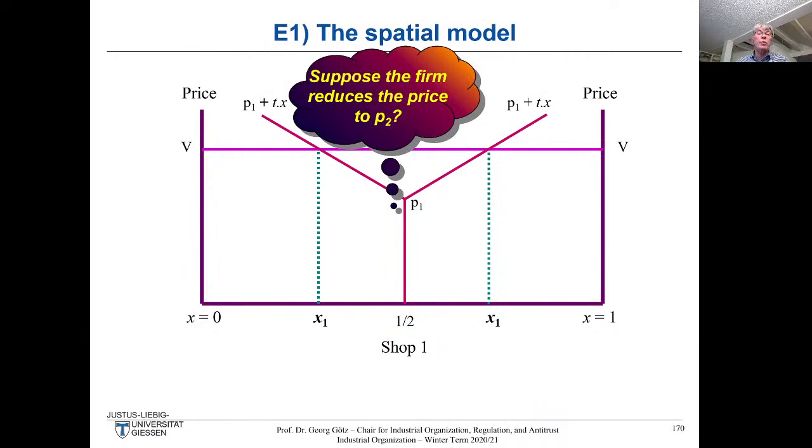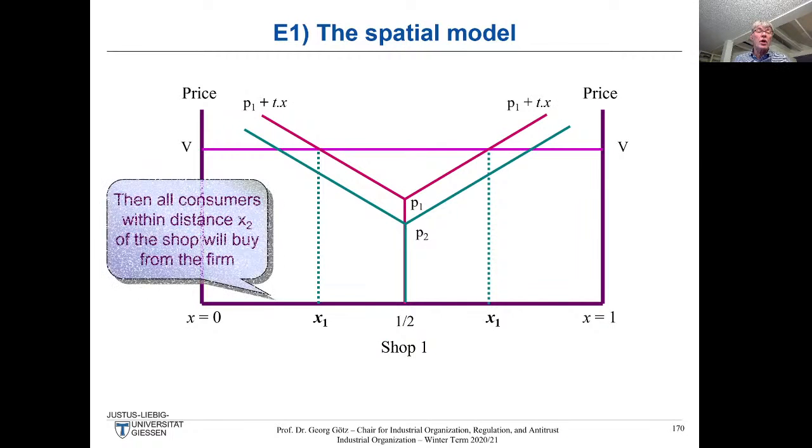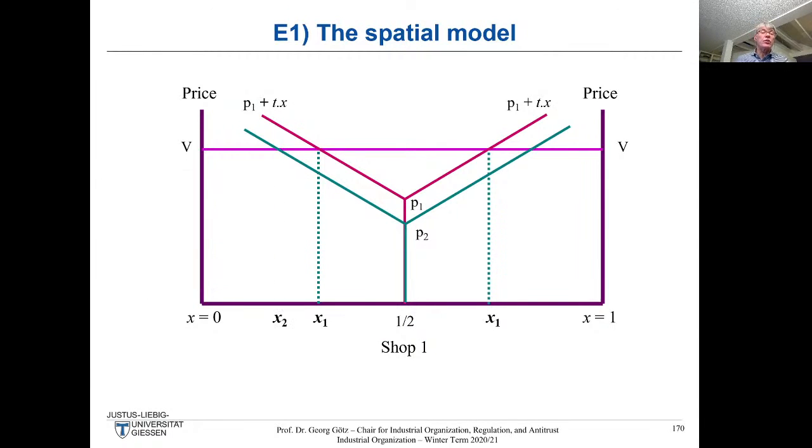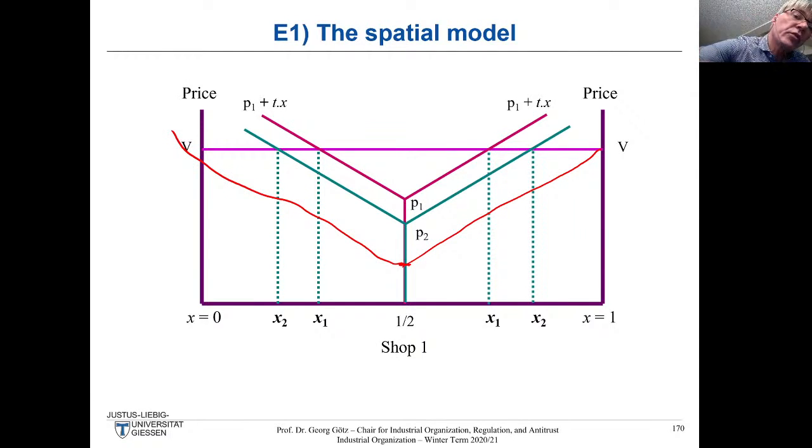The next question is, suppose the firm reduces the price, what happens? It's clear we now get all the consumers located at a distance of x2 from the shop. If we want to serve everyone in the market, you would get something like this. At this price, everyone would buy.